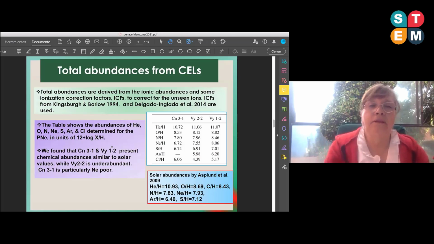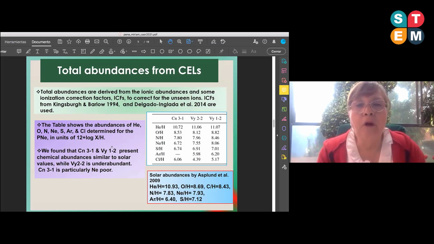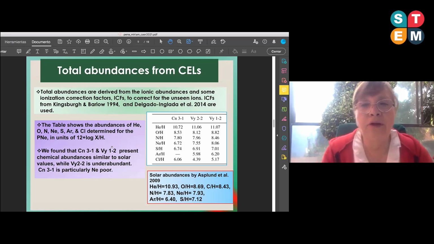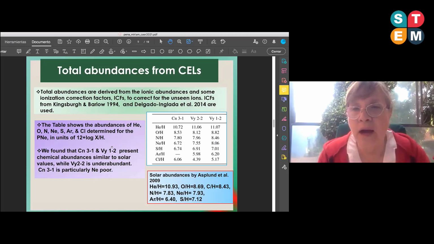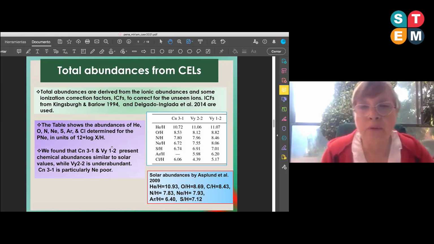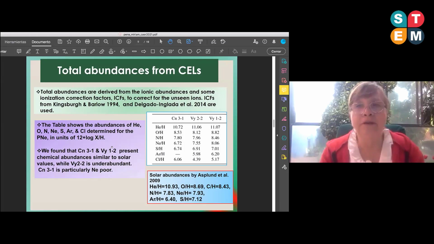Total abundances are then derived from the ionic abundances. We add all the ionic abundances, but we need to correct for some unseen ions. Total abundances are derived from these ionic abundances and some ionization correction factors to correct for these unseen ions.